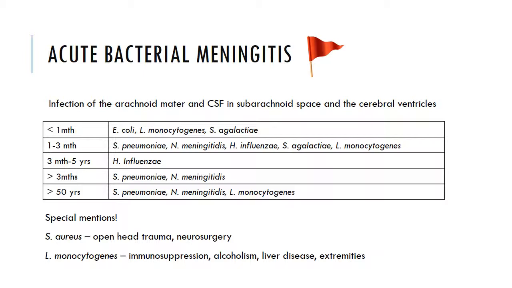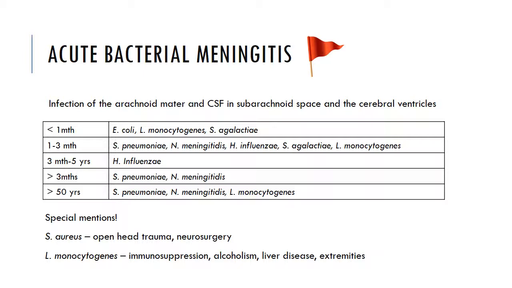In the 3 month to 5 year bracket, we have Haemophilus influenzae, and that's just on its own to show that after the age of 5, it's unlikely to be Haemophilus. It's more likely to be Strep pneumoniae or Neisseria meningitidis. And then of course in your extremities of age, so upwards of 50, we have again Strep pneumoniae and Neisseria meningitidis, and then Listeria makes a comeback.